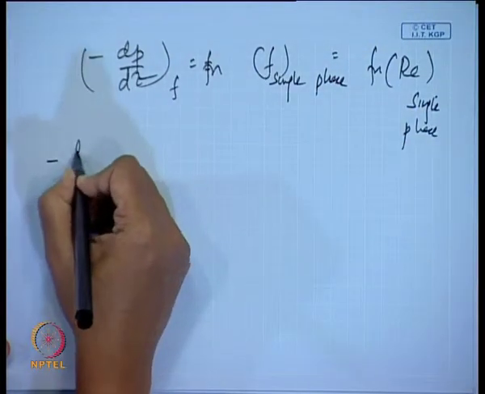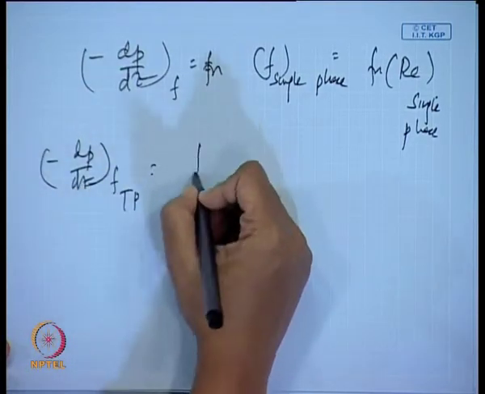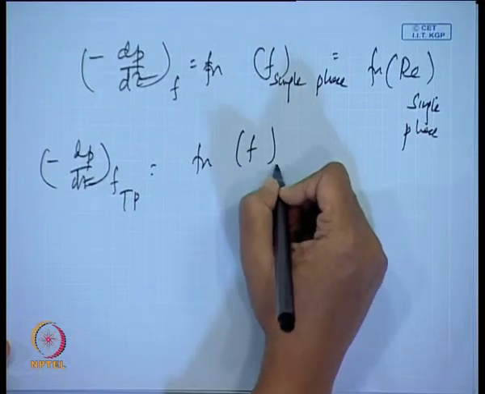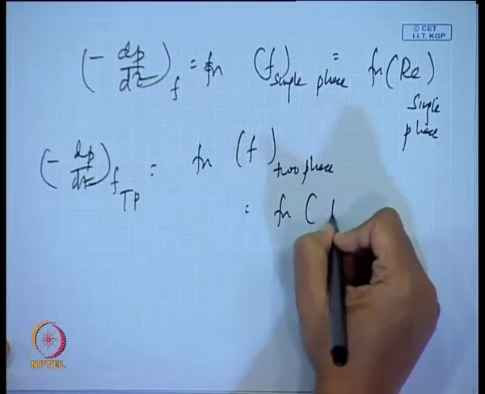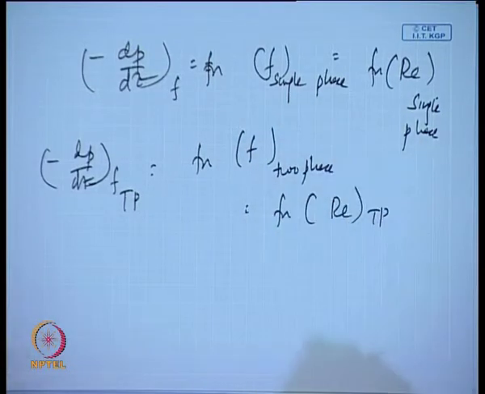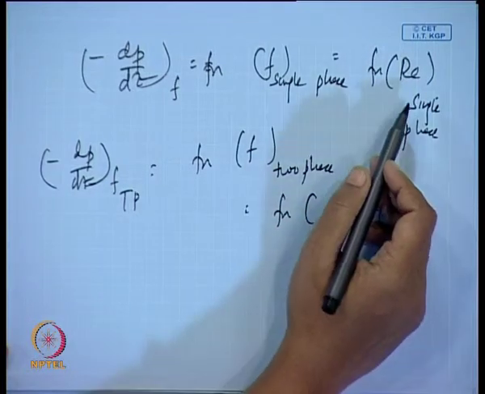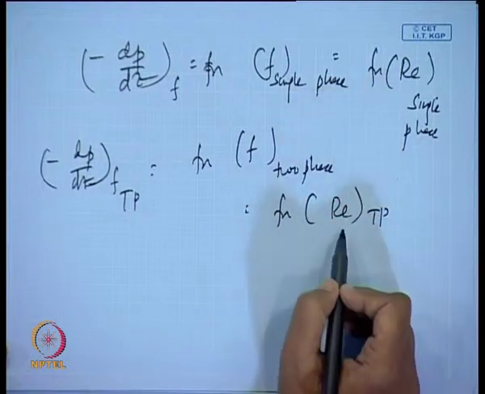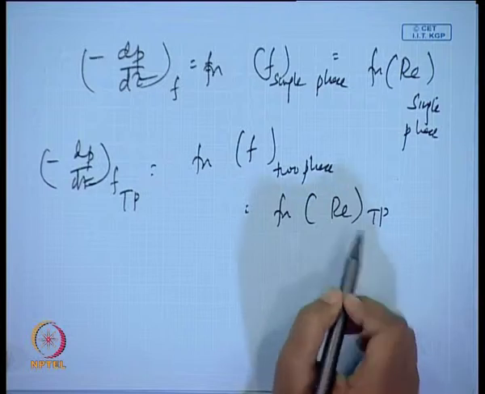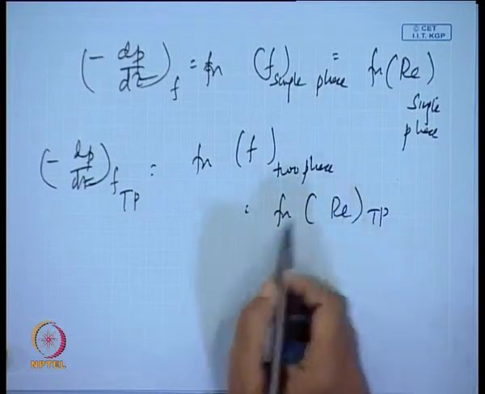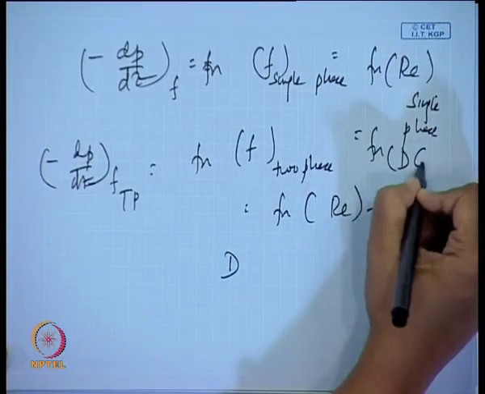Now, for two phase flow situations, this will be a function of friction factor two phase, which is a function of Reynolds number two phase, agreed. Firstly, I really do not know how to define two phase flow Reynolds number. But even if we define it, it should be equal to dG by mu L.